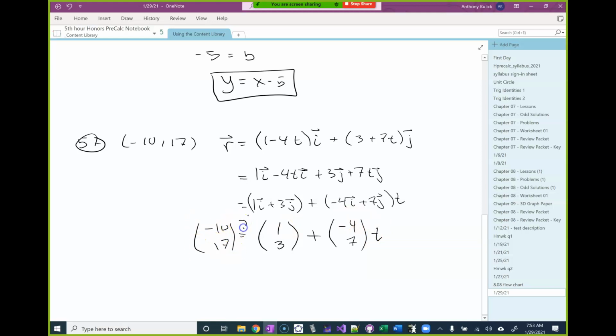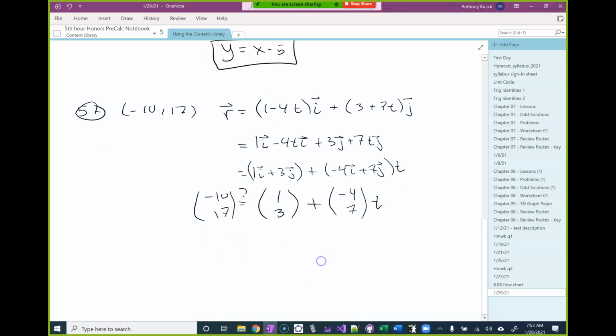And so now I just need to check to see if negative 10, 17 lies on that vector or that line. And I can do that the same way I would have on 56 and 50, or 55 and 56.